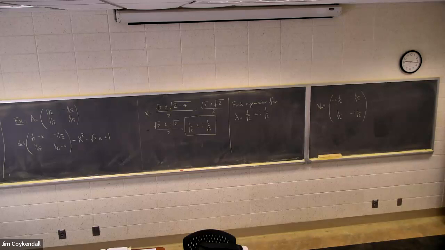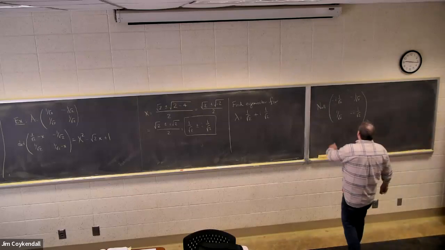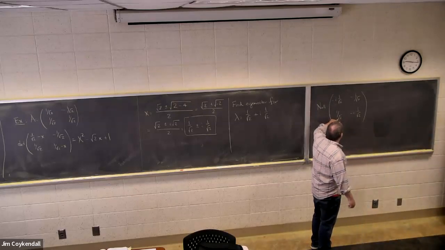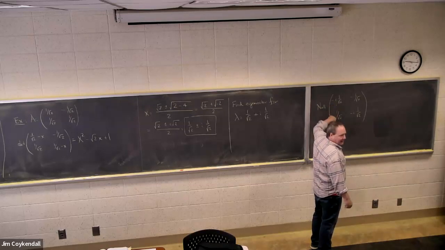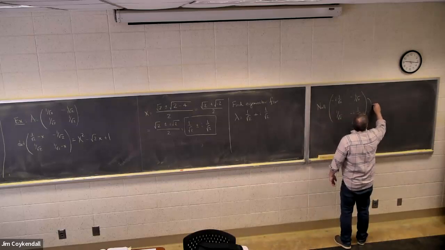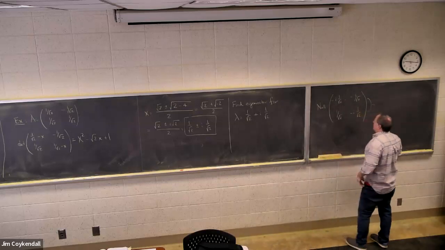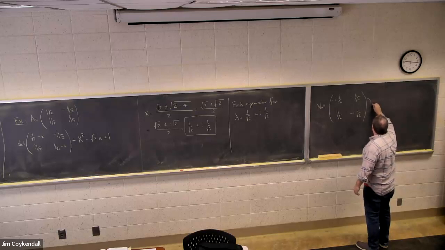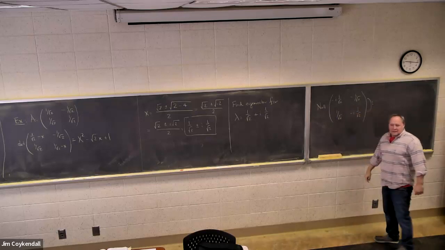This looks yucky, but it's actually not so bad. The first thing is, is it clear to you all that I can get rid of this by multiplying this row by i and adding it up here?